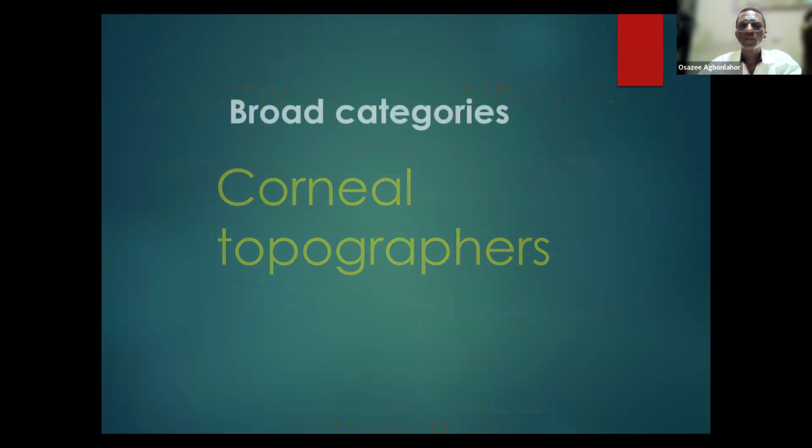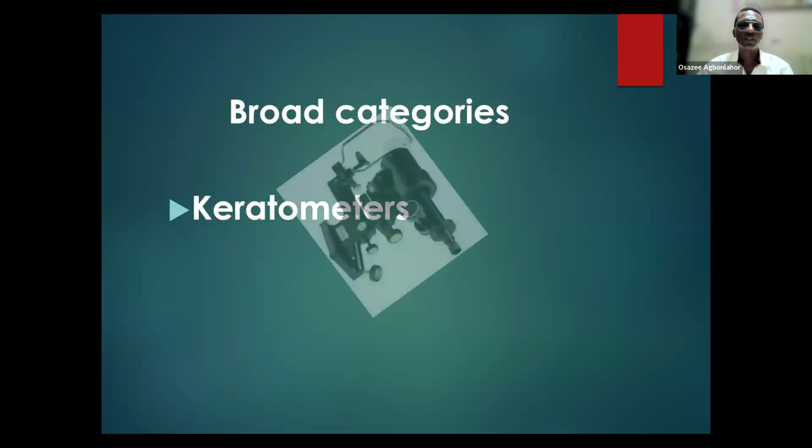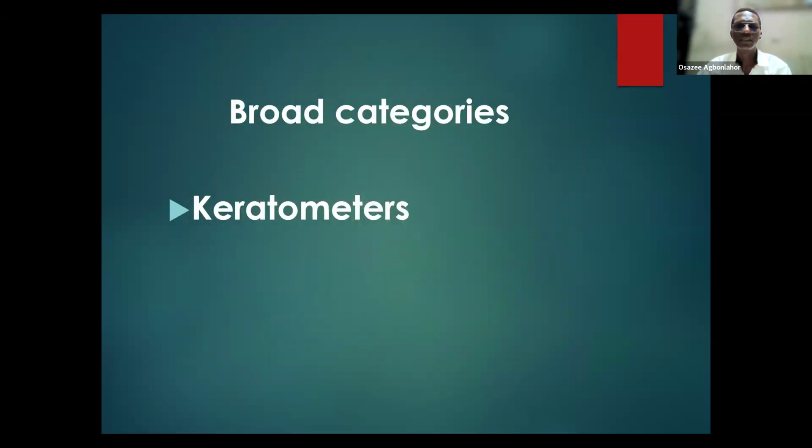So we have different types of corneal topographers. They are broadly classified, starting with keratometers. The keratometer is actually a form of topographer because it gives you information about the curvature of the cornea, though it's quite limited, because it gives you about 3 to 6 mm maximum, depending on the brand of your keratometer, of information about the central cornea. That's an example of a keratometer.